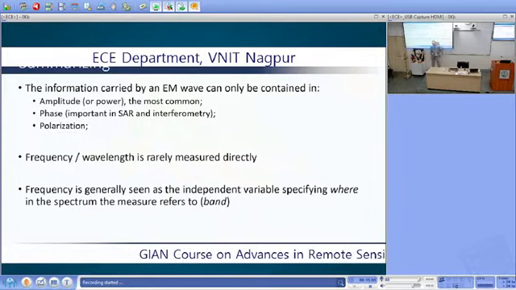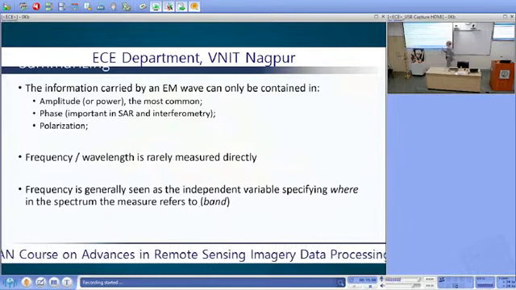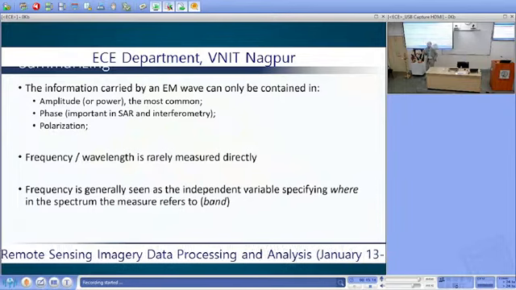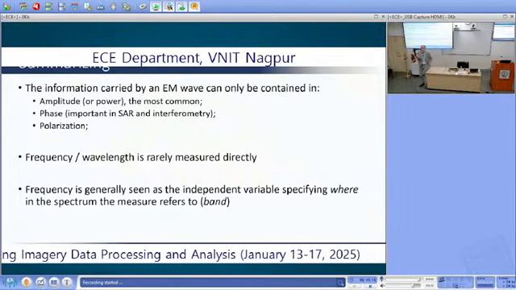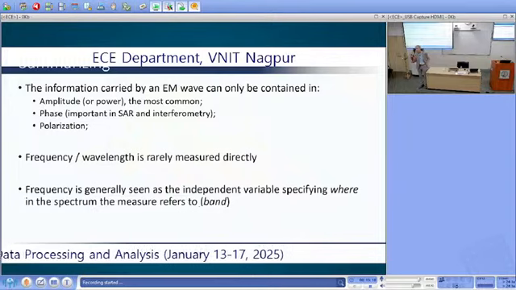Now, we will see that in the case of optical remote sensing, it doesn't make any sense to measure phase and polarization because these are basically random for some physical reason, which I will not explain here. It would take too long.